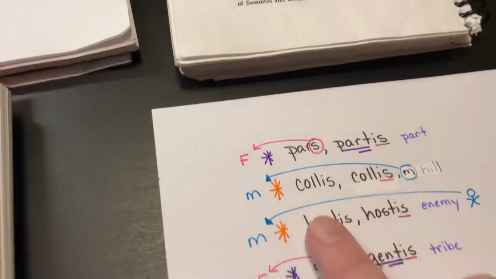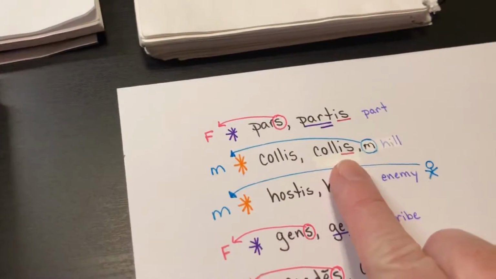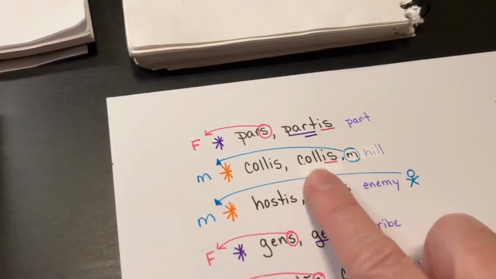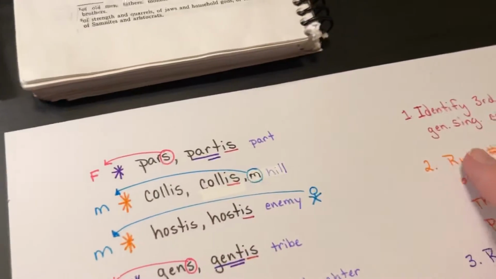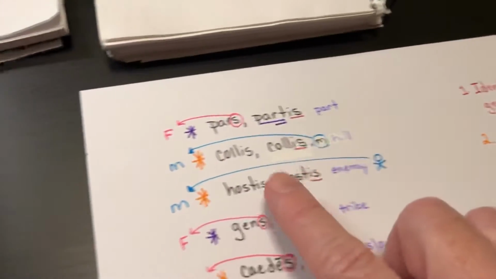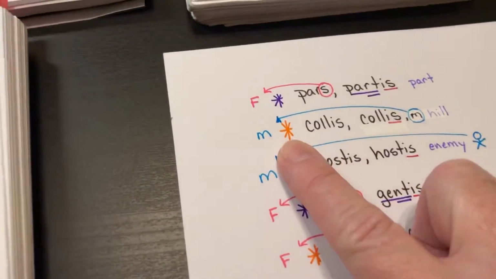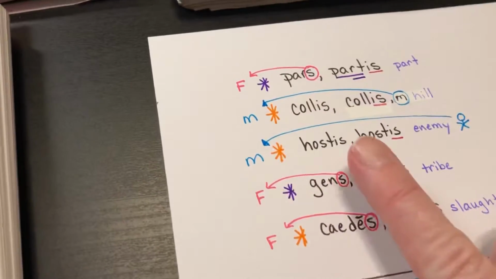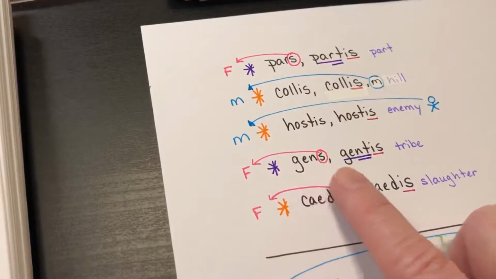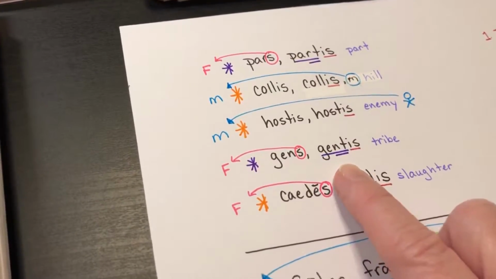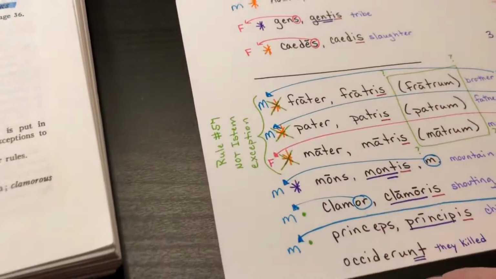Nope. Collis, collis. Yep. So if we identified that they had the same number of syllables, I used an orange pen over here, and so I marked it with an orange asterisk here. Hostis, hostis. Yep. Gens, gentis. Nope. And we went all the way through our nouns.